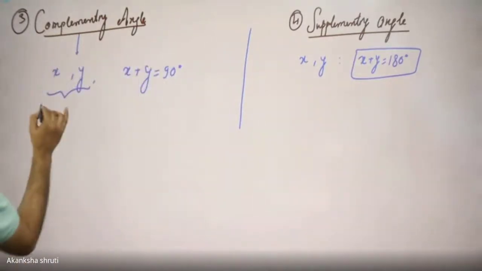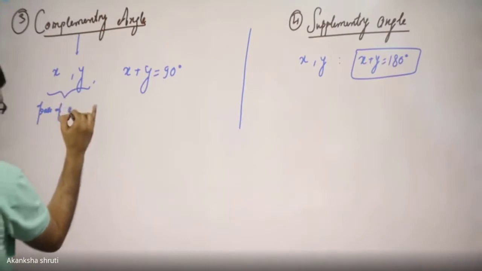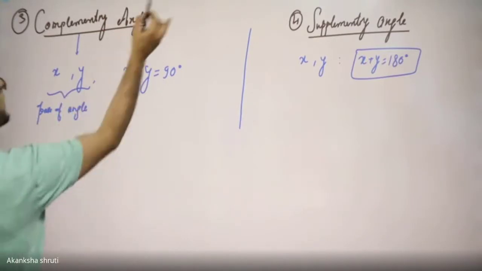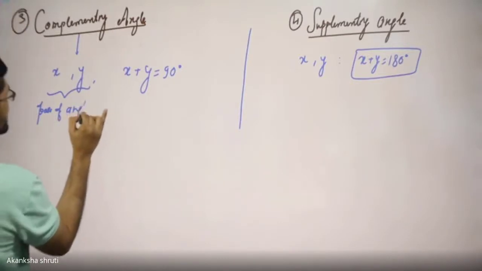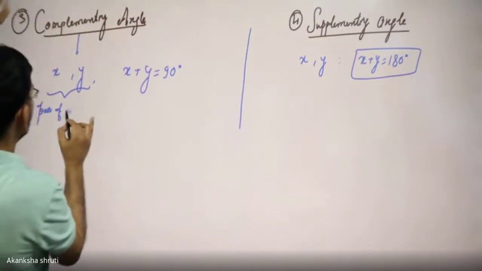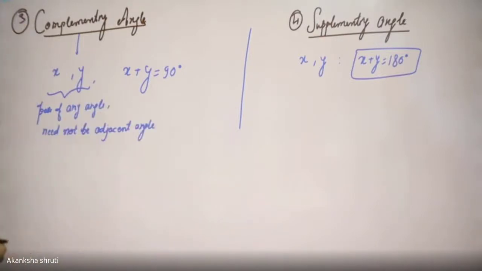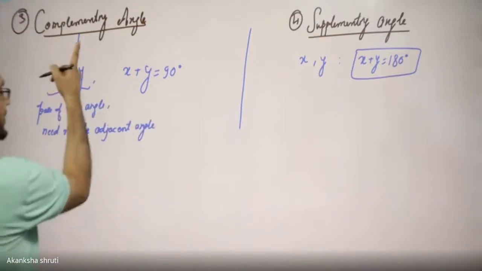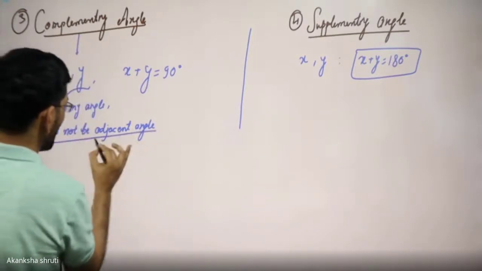So students, X and Y are a pair of angles, a pair of any angles it can be. It need not be adjacent angles. So students, keep in mind here for complementary angles, the two angles need not be adjacent.